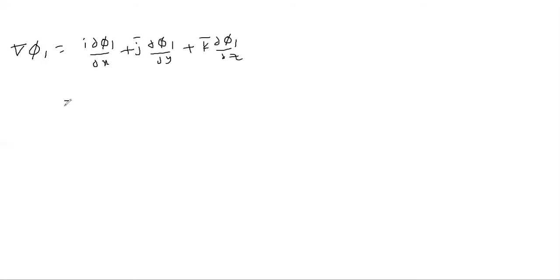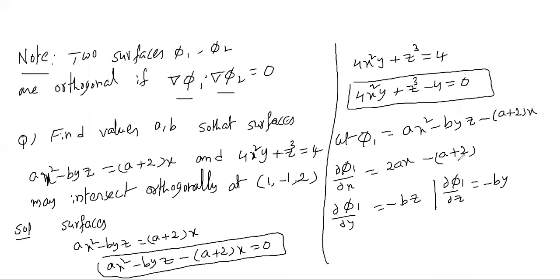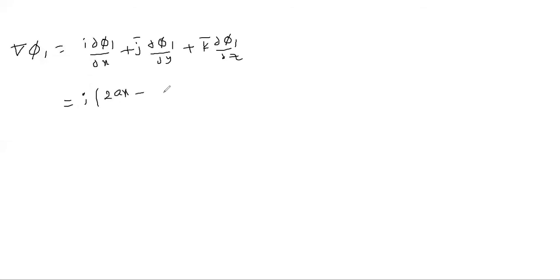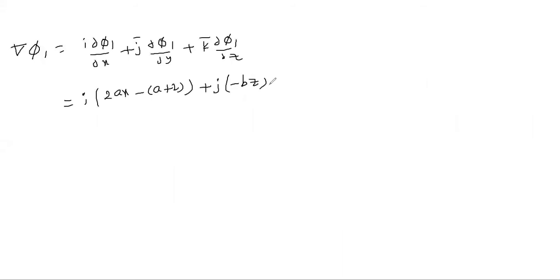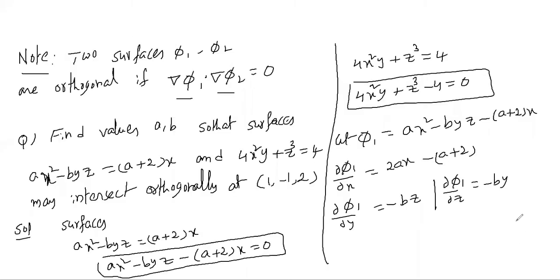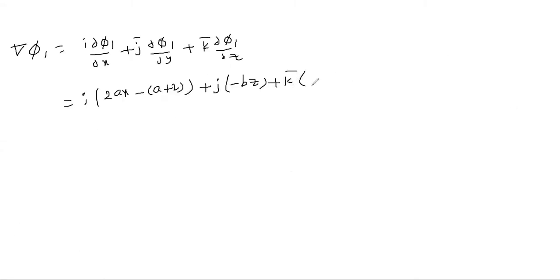So i into 2ax minus (a plus 2); j into minus bz; k into minus by. This is a long question, so we have to do it patiently. So now you got del pi 1.